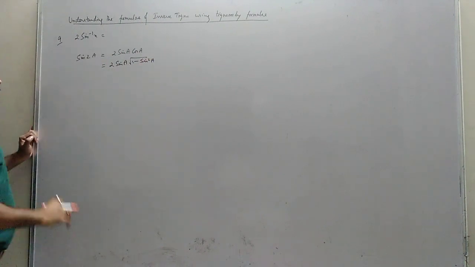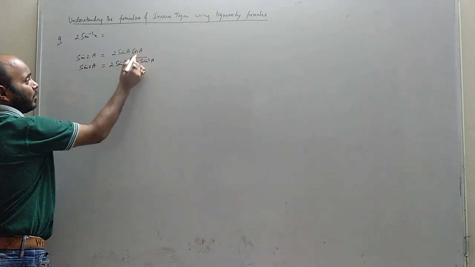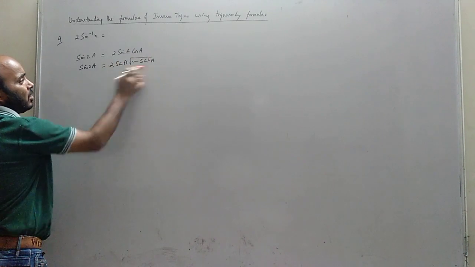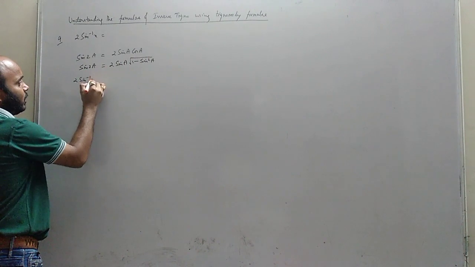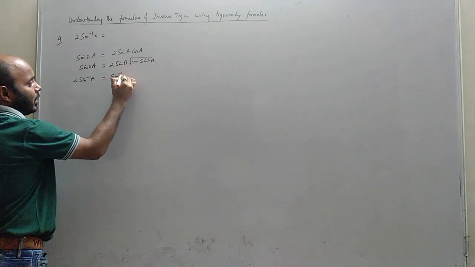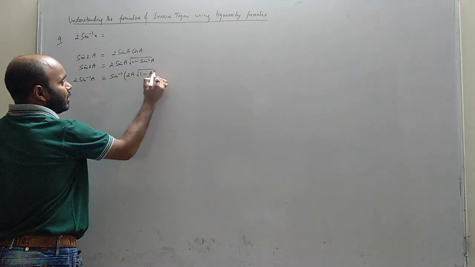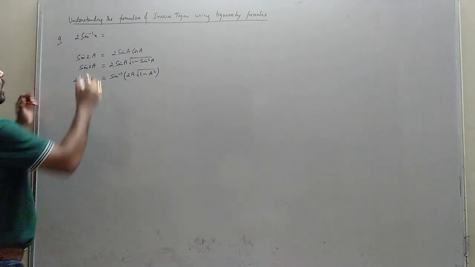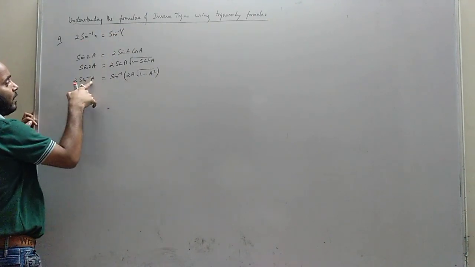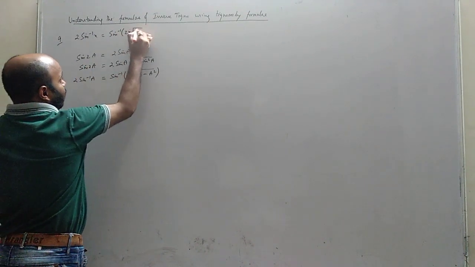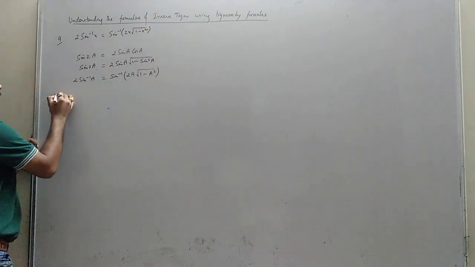Now see, sine 2a is 2 sine a times that. I converted cos a into sine a because I want everything in terms of sine, so that I can write sine inverse outside. Now see, 2 sine inverse a: take sine inverse out. What is left? 2a under root 1 minus a square. We got the formula. So here it will be sine inverse, in the place of x what we have a, that is 2x under root 1 minus x square.